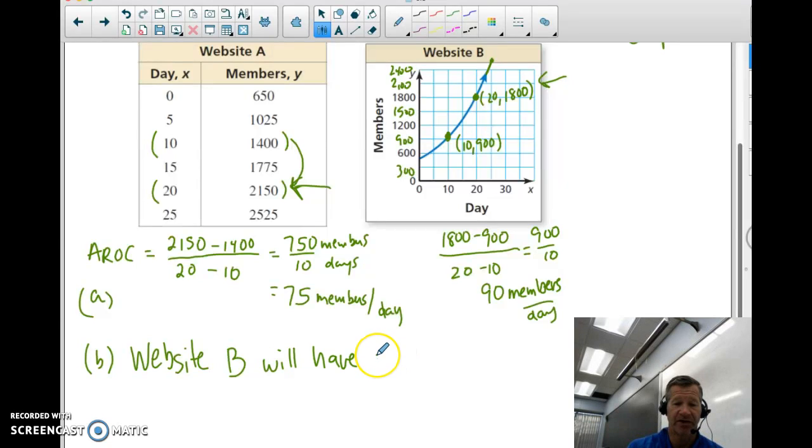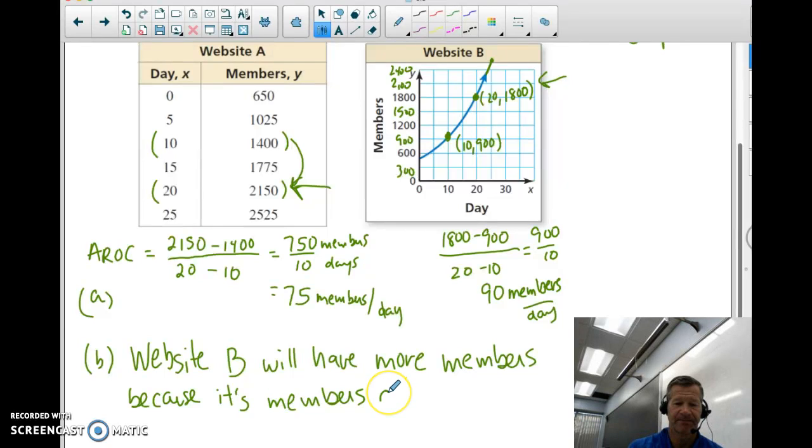and they asked us to explain why. And the reason is because of what we found in part A, which is that it is increasing at a faster rate. So the members are increasing at a faster rate.